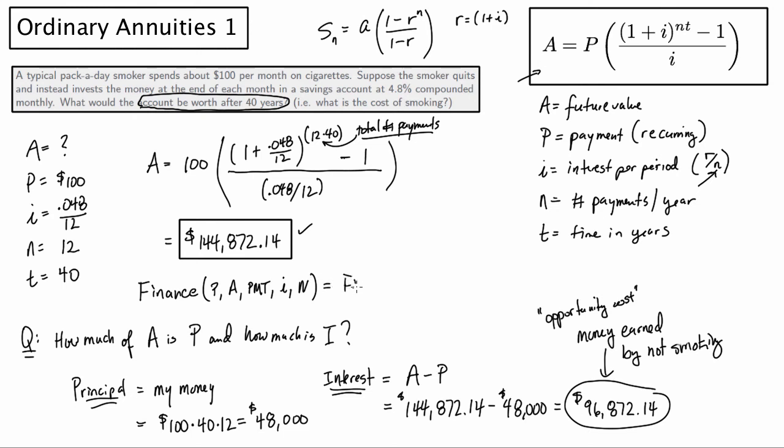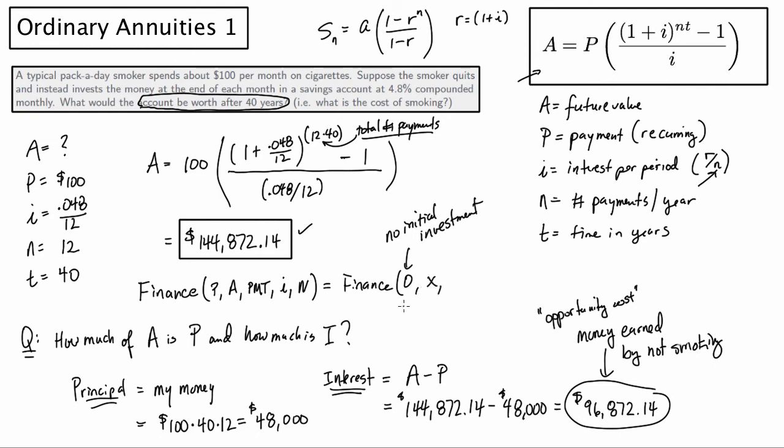So the finance command here for this problem, we would have to put in a principal amount of 0 because there's no initial investment. So there's no money initially in the account.